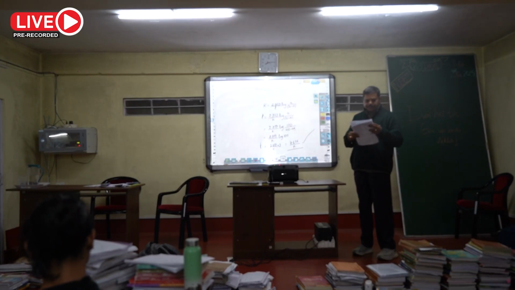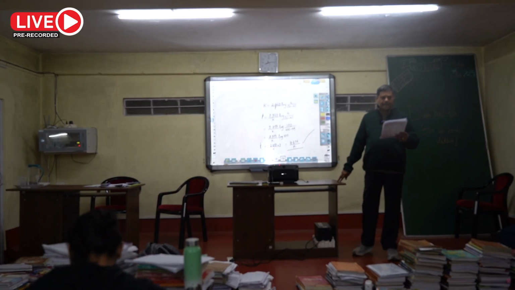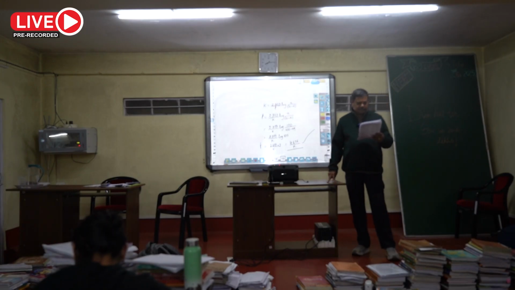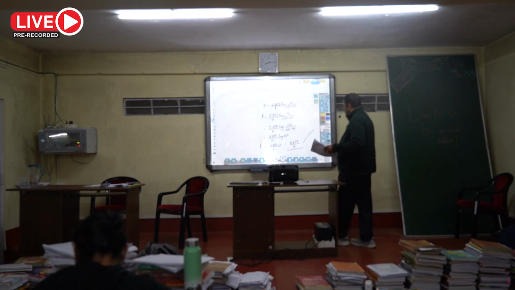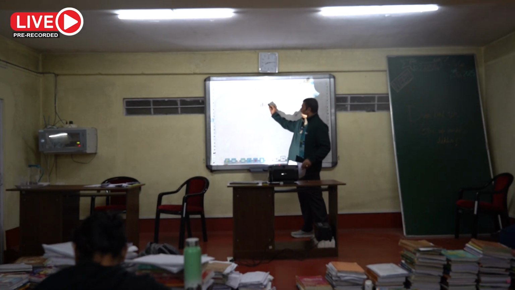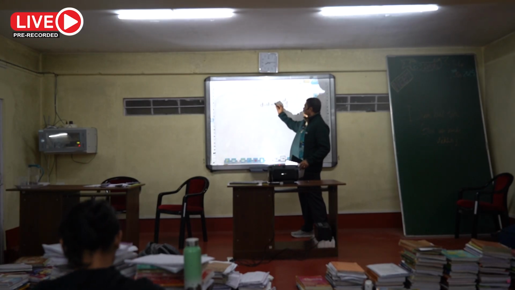Next, among the following, the reaction that proceeds through an electrophilic substitution. Direct question. So the Cl-Cl bond, it is a Lewis acid.